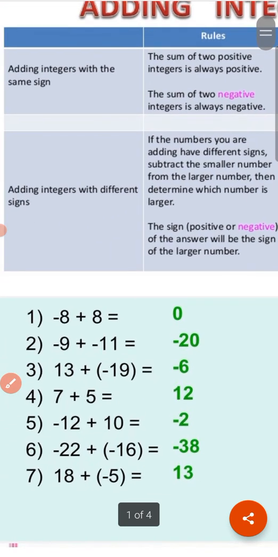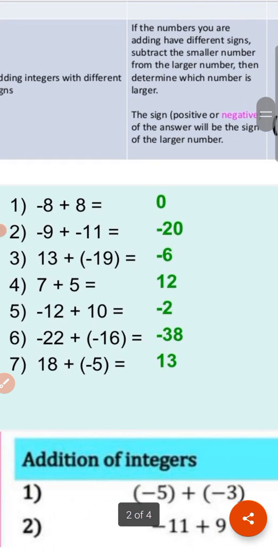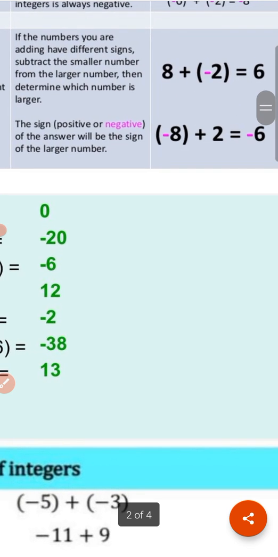Now, children, adding integers with different signs. If the numbers we are adding have different signs, subtract the smaller number from the larger number, then determine which number is larger.